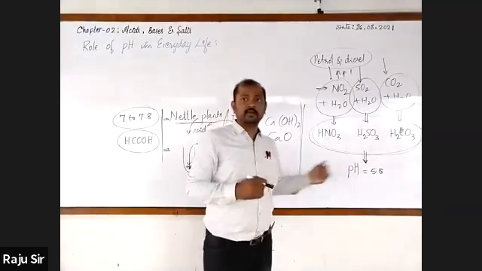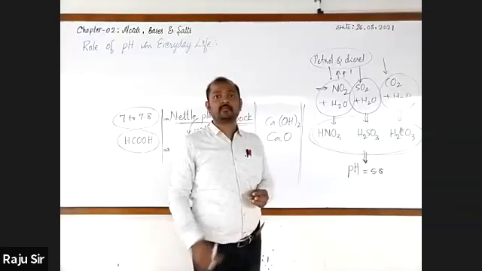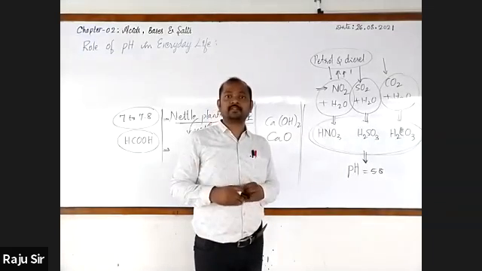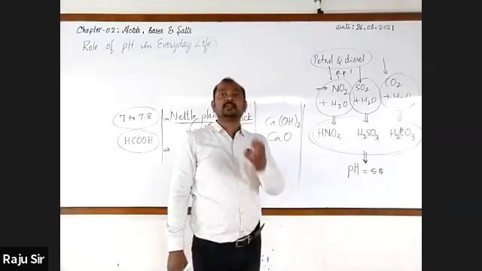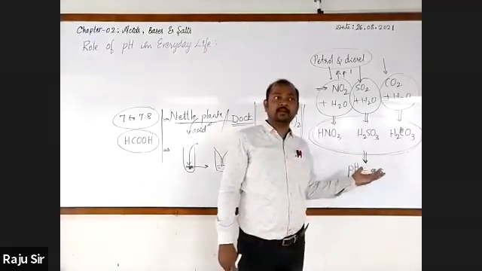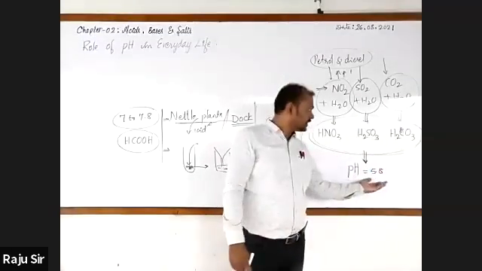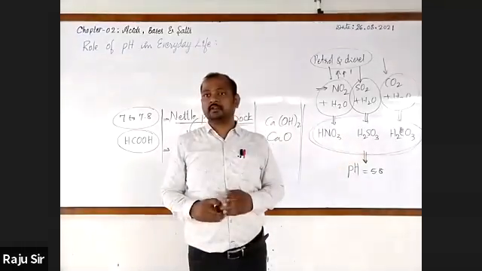Then how do you define acid rain? A rain whose pH is less than 5.6 is called acid rain.